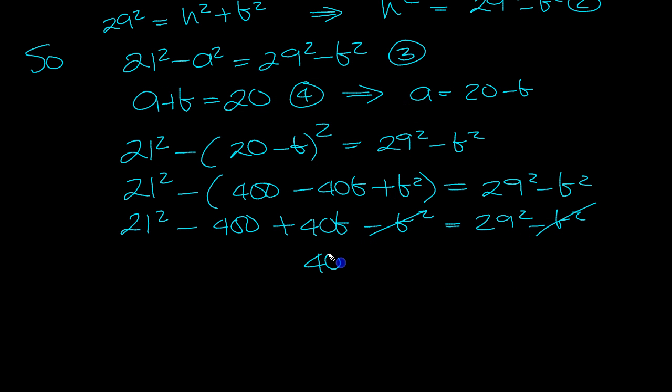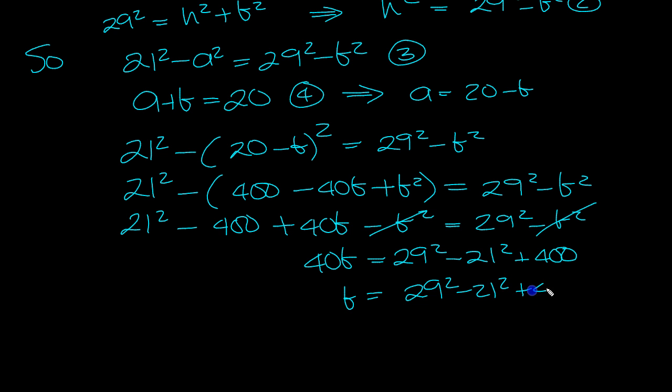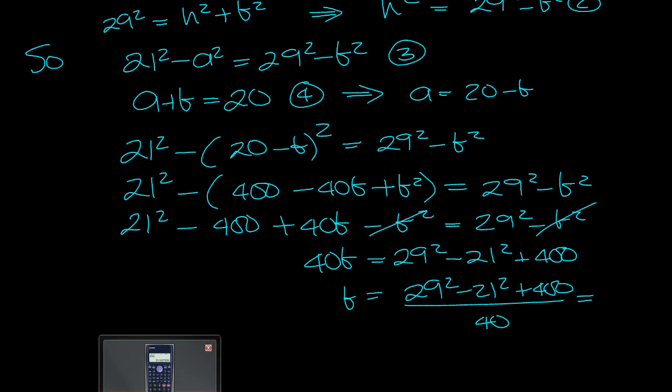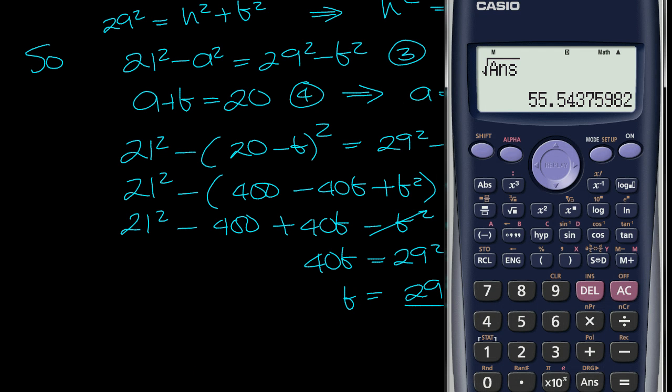So 40B then is 29 squared minus 21 squared plus 400. So B will equal 29 squared minus 21 squared plus 400, over 40. So there's B, and that makes life easier if we get B, because we can work out the angle then. So let's do that then.